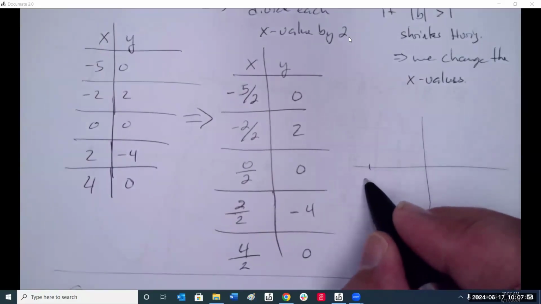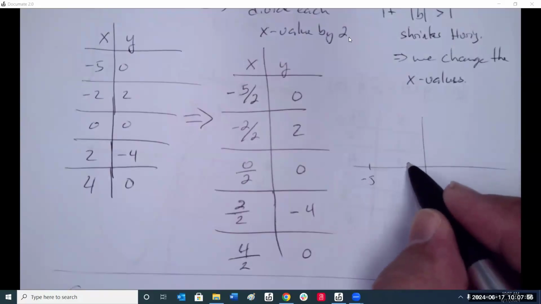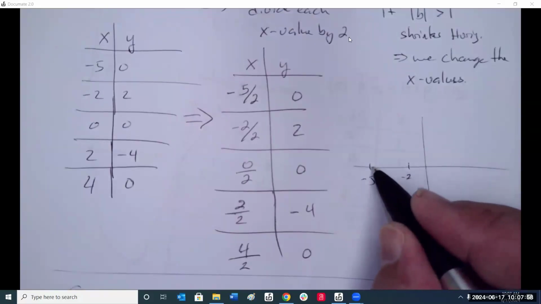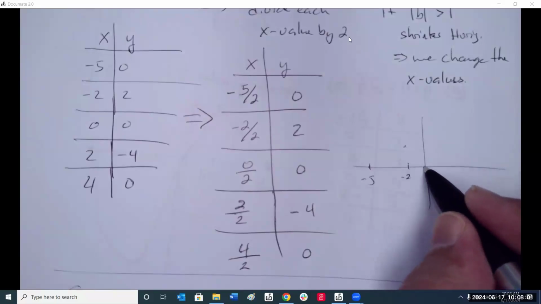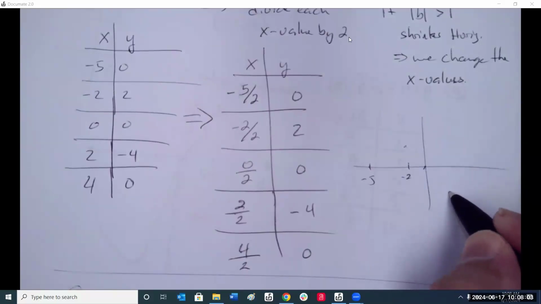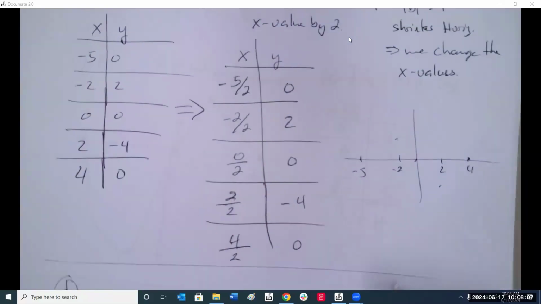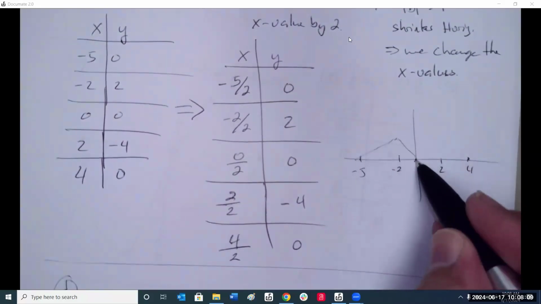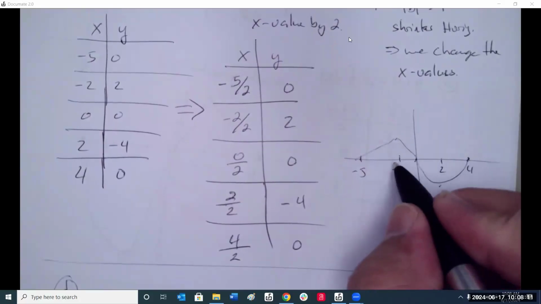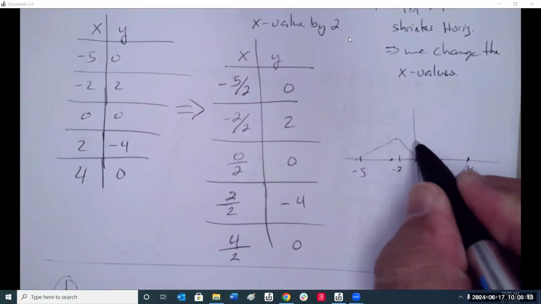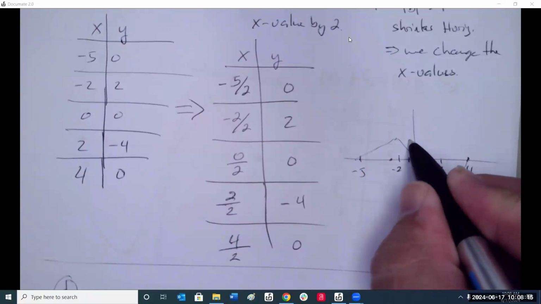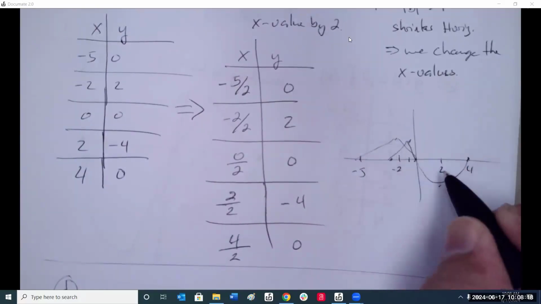So originally it was at -5, -2, originally it was this, now it's like this.